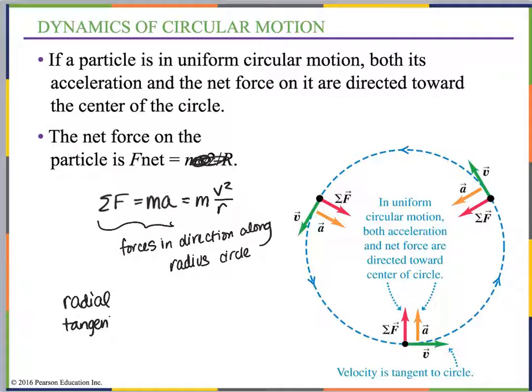So it's a little bit different than x and y, because as you can see, as we go around the circle, in this direction, right here, this is the radial, and then this is the tangential, but when we move over here, radial and tangential have changed sort of their orientations.